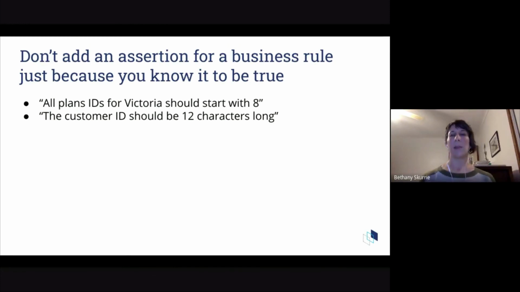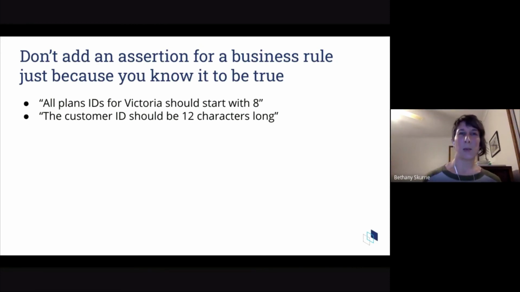So I pushed them a little bit further, and I was like, well, is anything in the consumer code actually going to break if it got a plan ID for Victoria that didn't start with an 8? And the answer was no. There was actually nothing that depended on the format of that ID. This was just a business rule that they knew to be true, and they were putting it into the Pact because they knew it, not because it actually affected the consumer code.